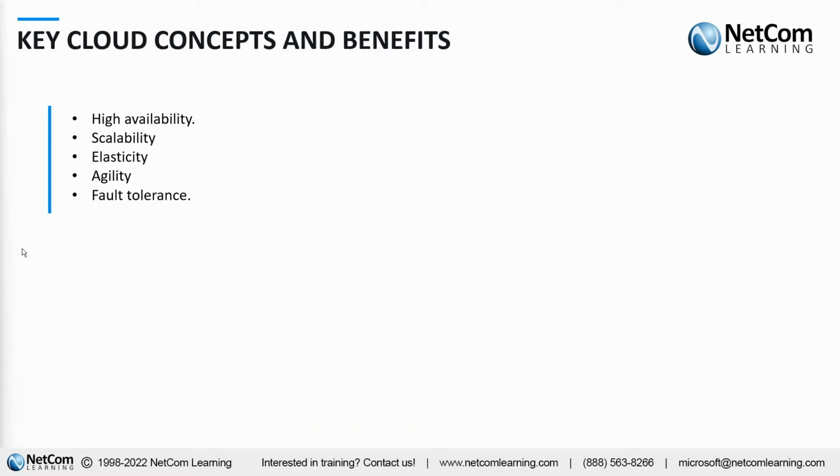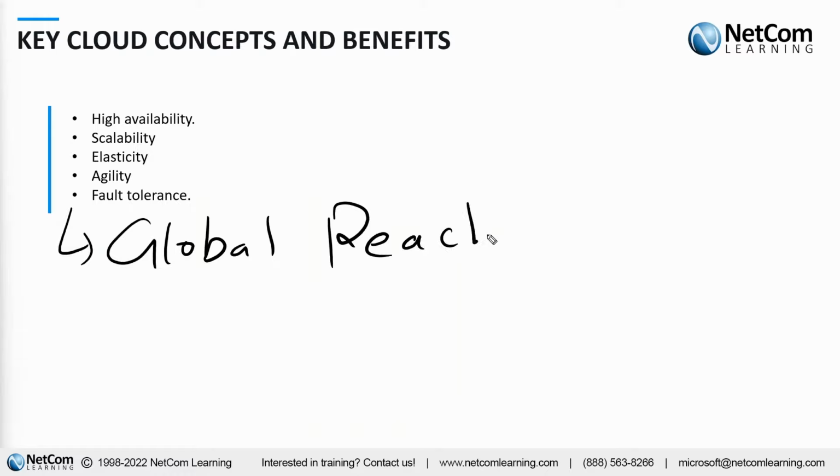And something else I will add is that with cloud, we get what we define as global reach. That means the ability to reach audiences around the globe, which was not feasible, I would say, a decade back.